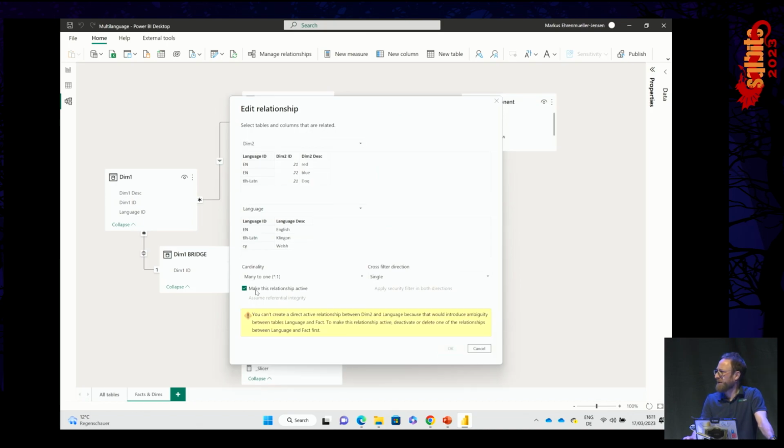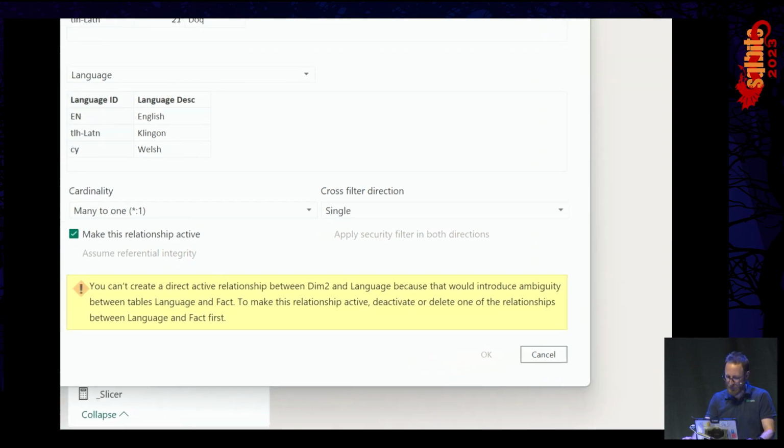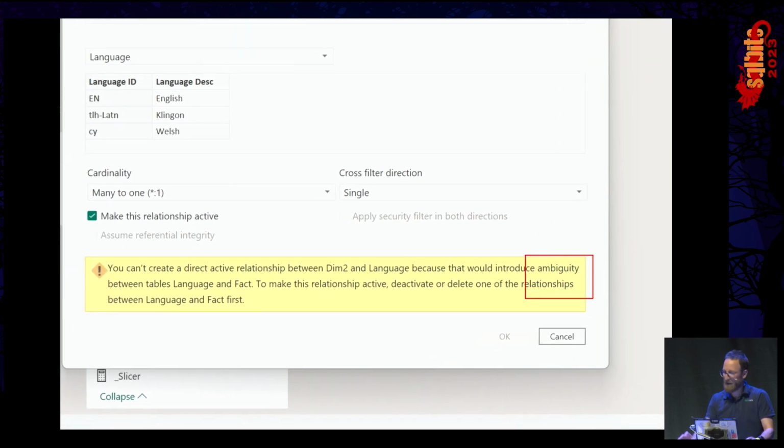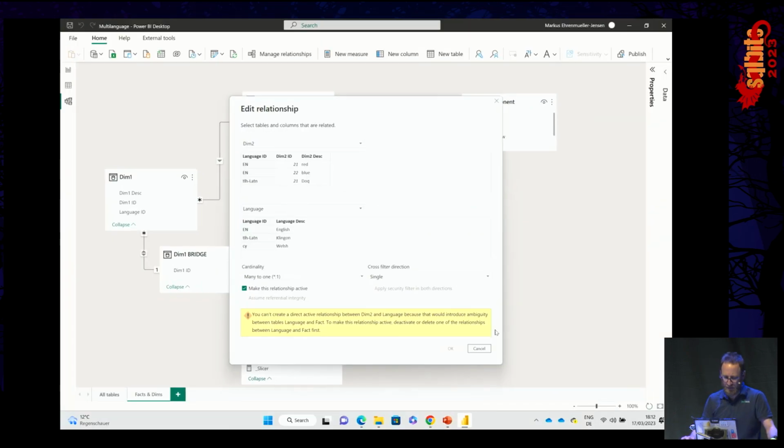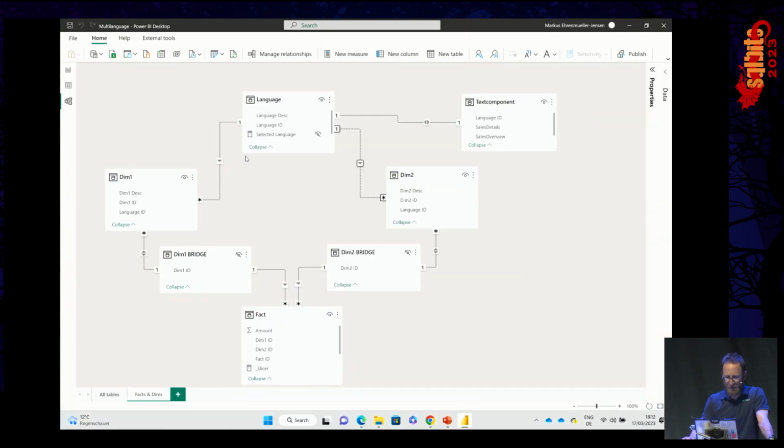No, I can't. It's coming up with this awful message telling me I cannot create this relationship because I would introduce ambiguity, right? There would be multiple paths in the model, and I didn't really get it at first, but if you think about it, from the language there's now a filter to the dimension, there's a filter over the bridge table to my fact table, but there could also be a path the other way around.